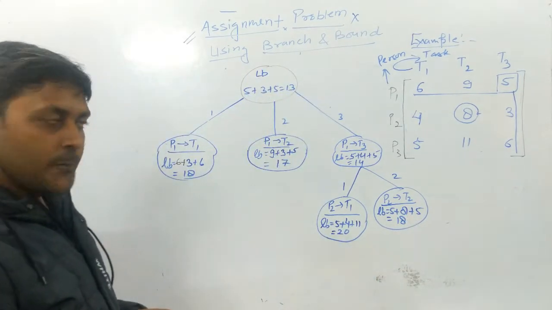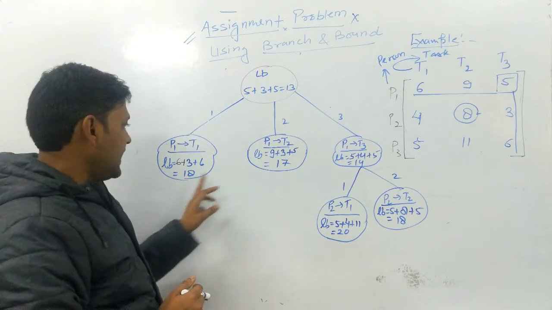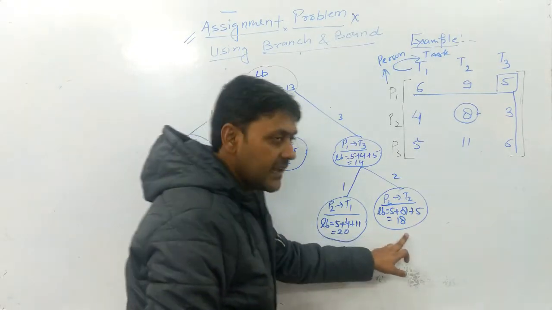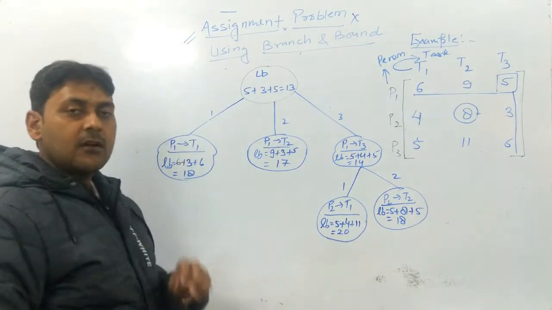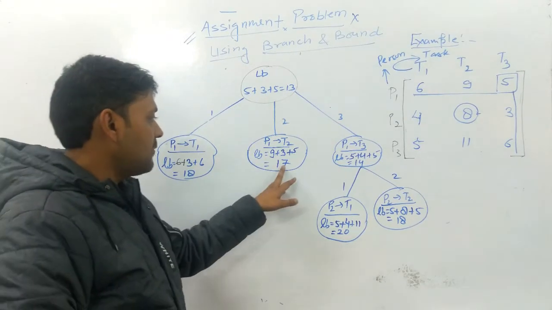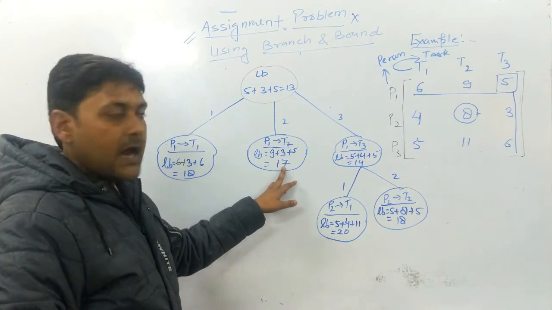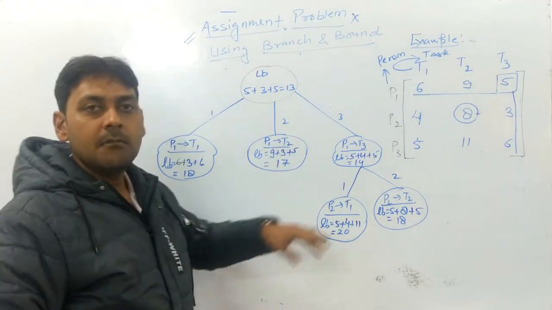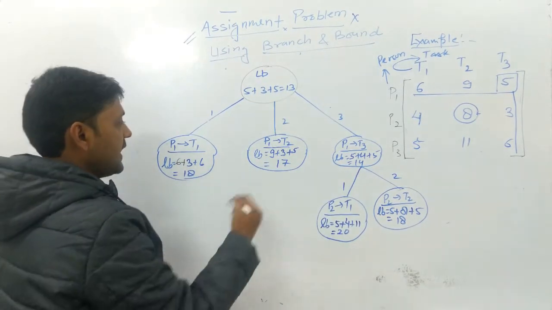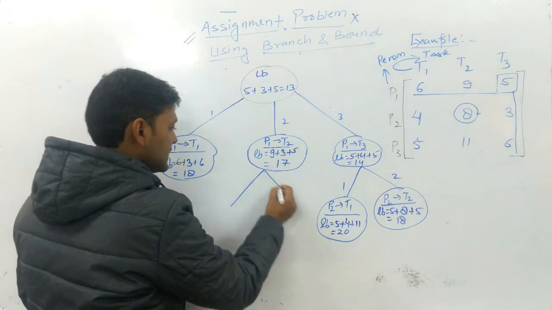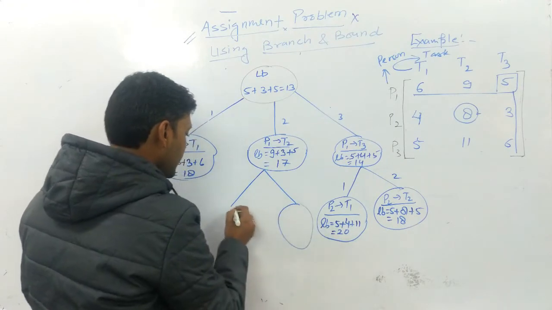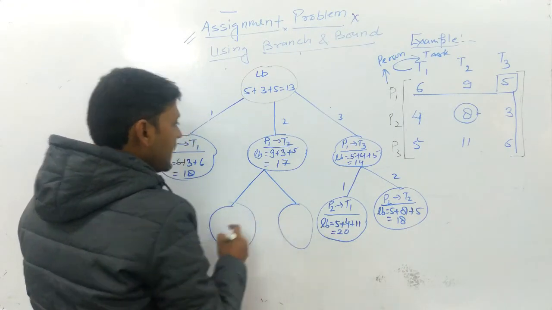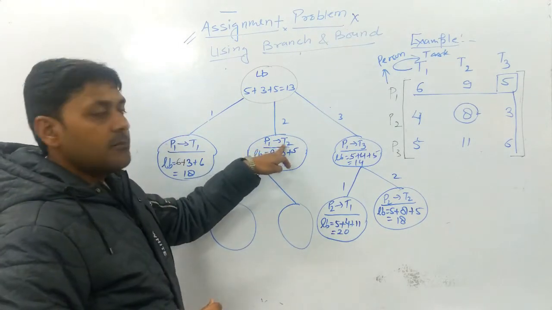Okay. So here the live nodes are 18, 17, 20 and 18. Which lower bound value is minimum? Then the minimum is this, and we have to explore the minimum lower bound value. We have to explore this node in a similar way. Here P1 is performed T2.